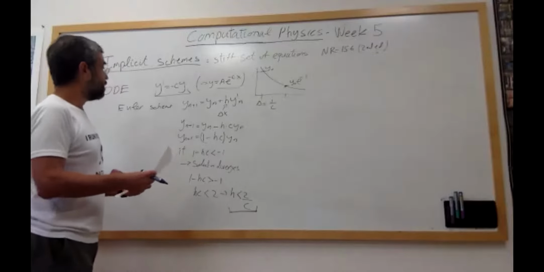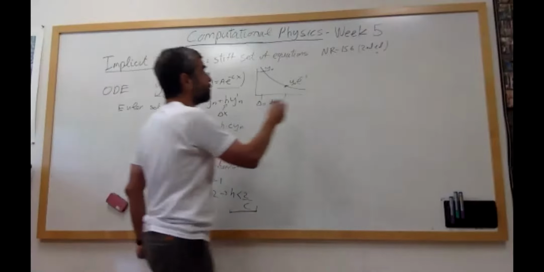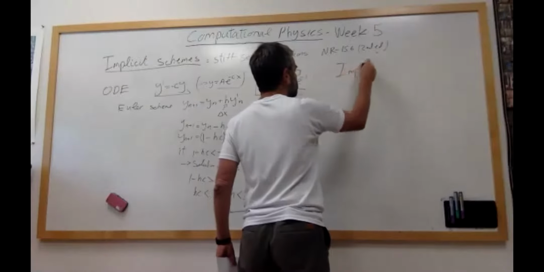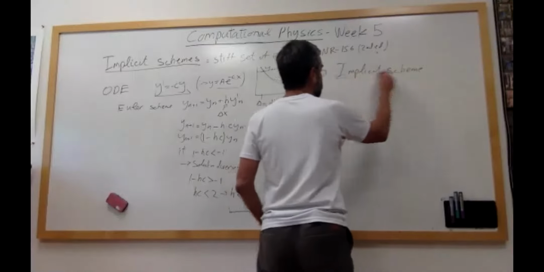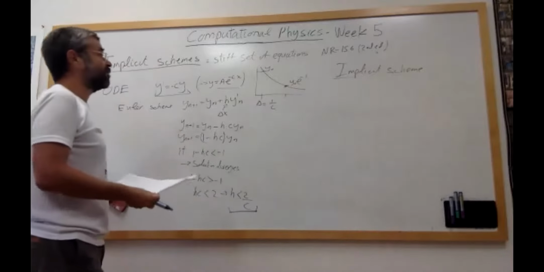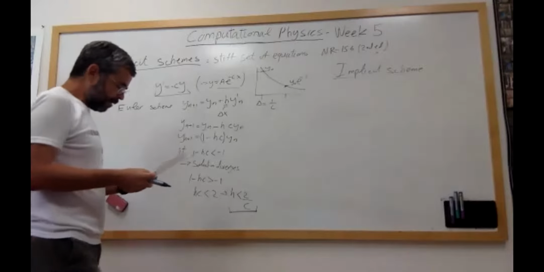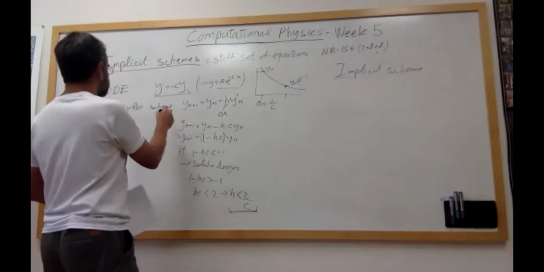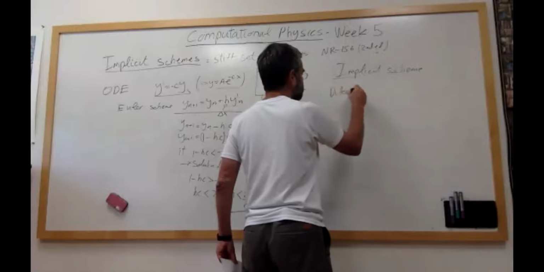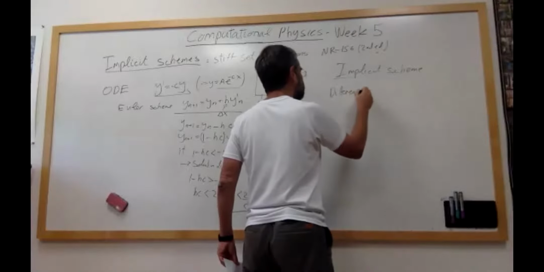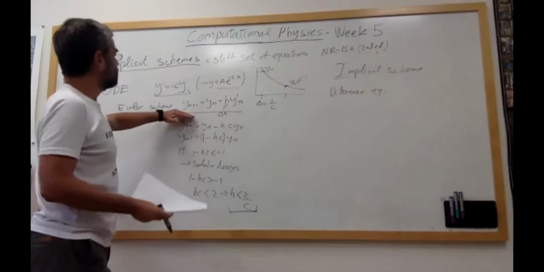Okay, so now let's look at the implicit scheme, which would actually work for any time step. The accuracy would not be good, but it's going to be stable. We write the difference equation as the following.